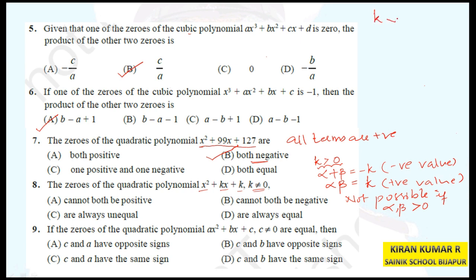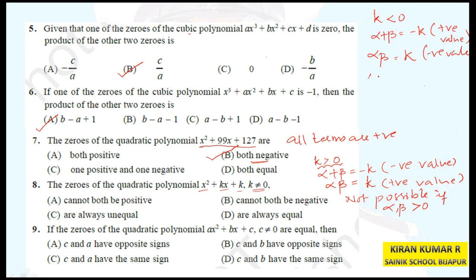If k value is less than 0, if you take alpha plus beta, which is minus k, it becomes a positive value. Alpha beta, which is k, it becomes a negative value.